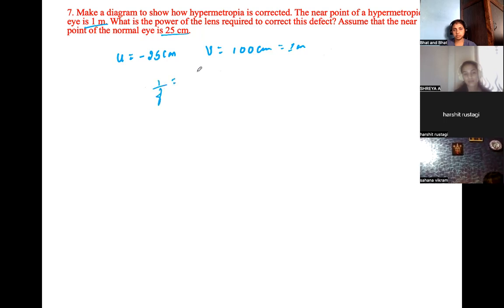So 1 by f will be equal to 1 by v minus 1 by u. That is 1 by 100 minus of. Now v also is negative, no, because it is in front of the eye only. So this will be minus of minus, so I can write it as plus 1 by 25. Now tell me how much is 1 by f.